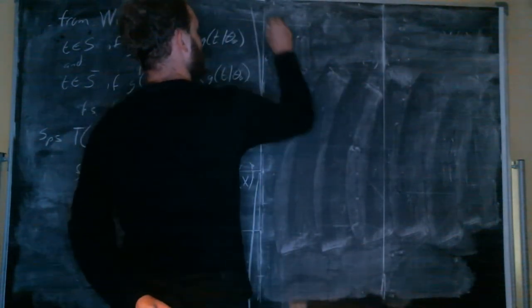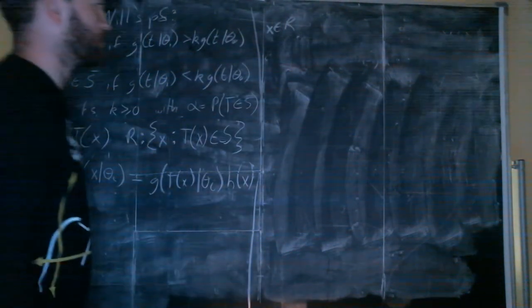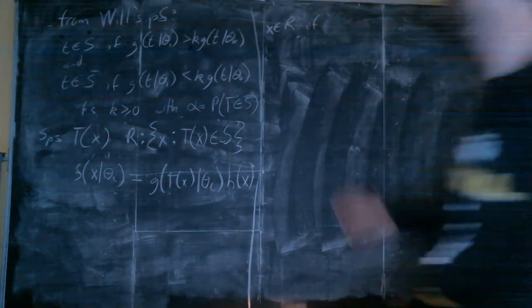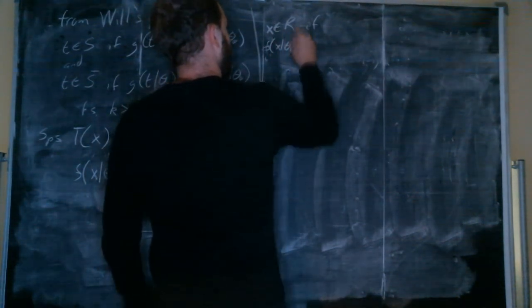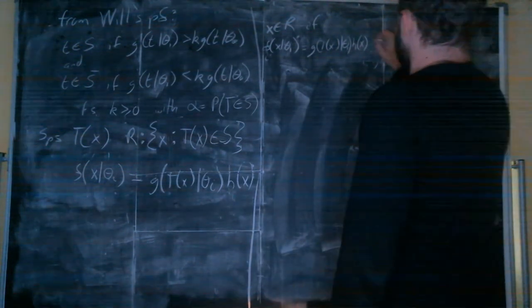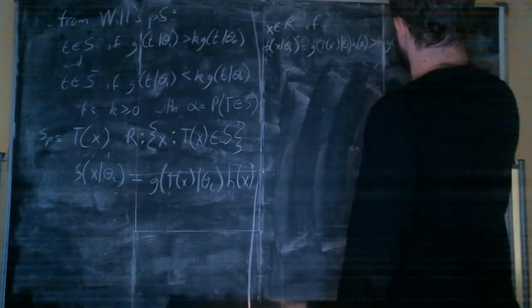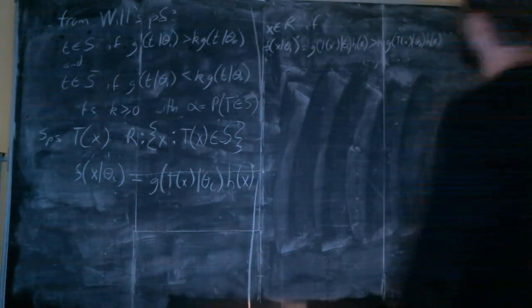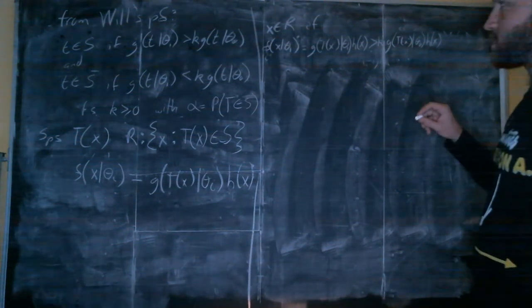In the context of x, x falls into our rejection region R from the lemma if f of x given theta 1, which we can factorize, equals g of T of x given theta 1 times some non-zero function h of x, and if this is greater than k times g of T of x given theta naught, by the structure of the lemma, then it'll be in our rejection region R.